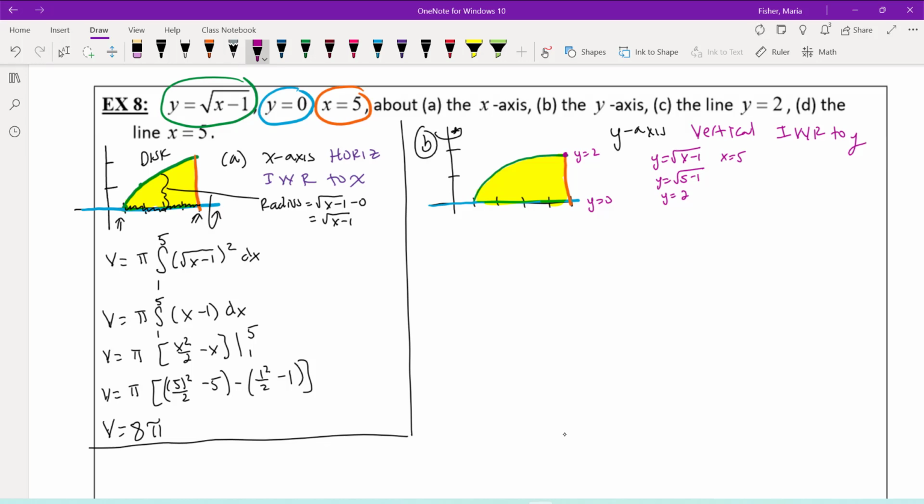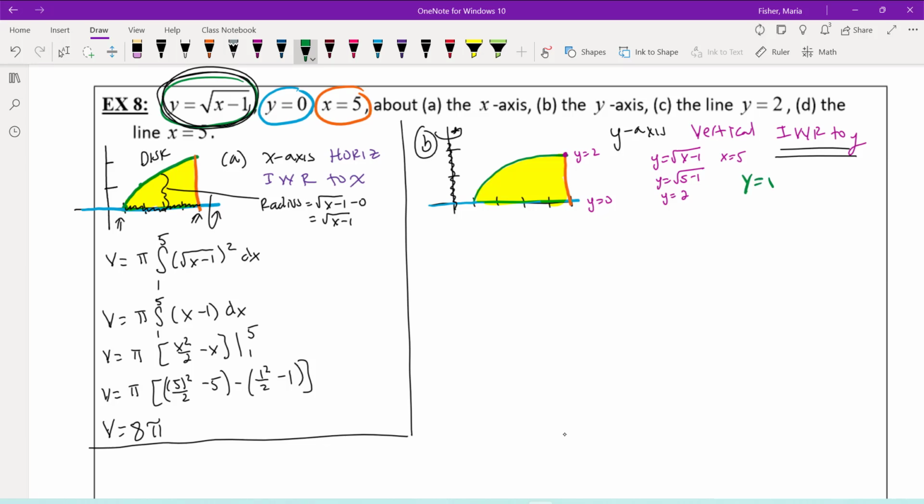I have to figure out, am I a disk or am I a washer, and then what are my radii? This is definitely going to be a washer because I'm not flush with the y-axis. So I'm going to have to find an outer and an inner radius. But since I need to integrate with respect to y, I have to solve this guy here for x because I need it as a function of y.